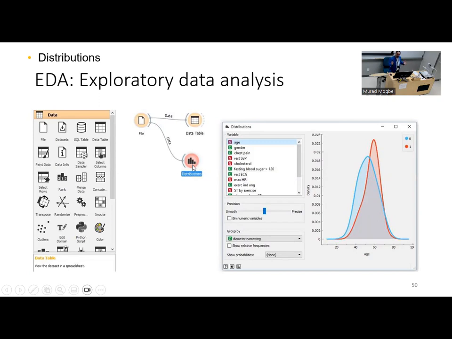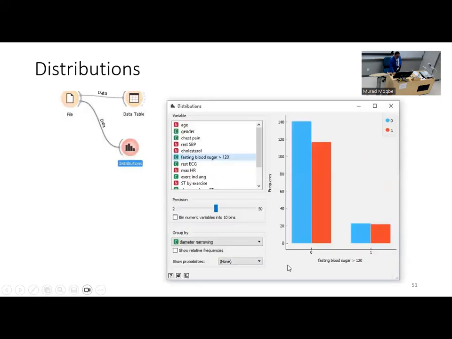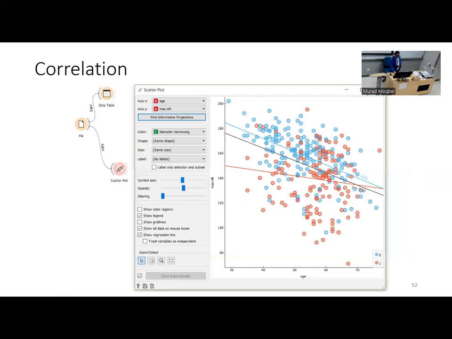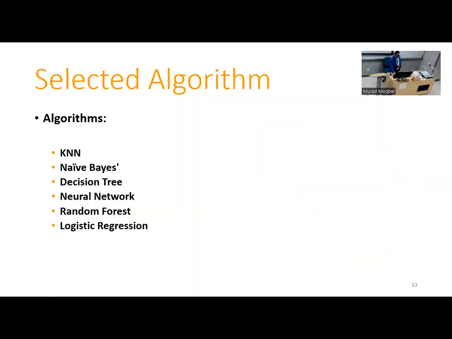Then we can use some visualization. You can think of visualization as two types: visualization for analysis purposes, and visualization for dashboarding and reporting. Now we are talking about visualization for analysis purposes. And then we look at the algorithms that we have available.